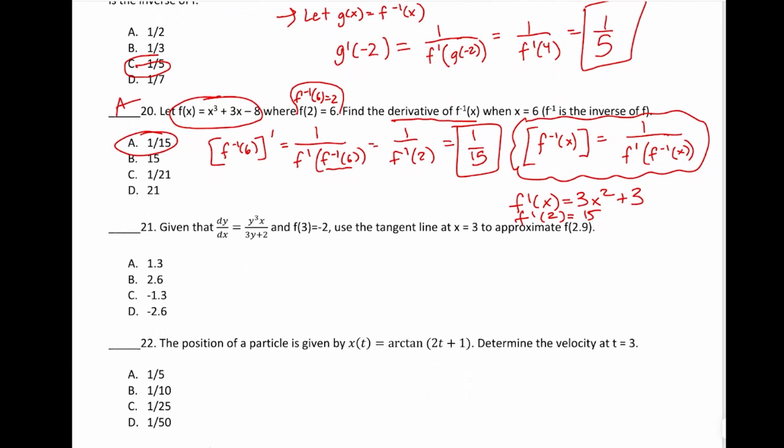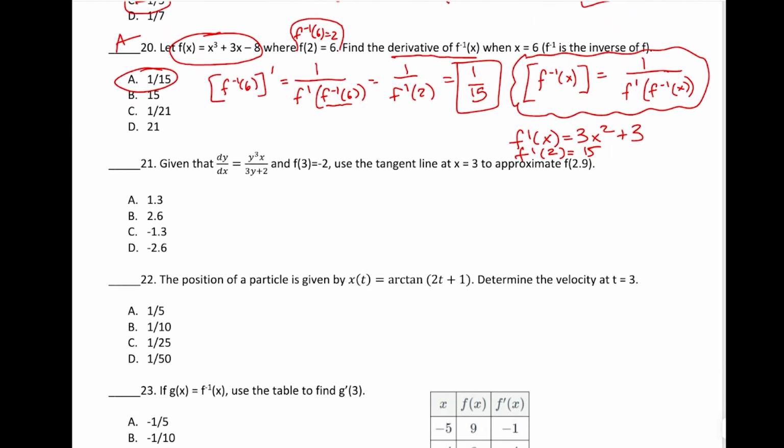Number 21 says, given that the derivative of y with respect to x is this expression here, and we've got a coordinate (3, negative 2) on f, use the tangent line at x equals 3 to approximate f of 2.9. So first we need to find the slope when x is 3.